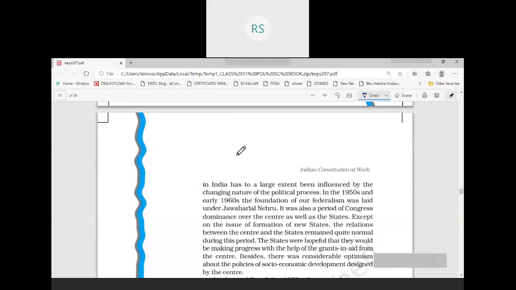In our country, if the federal structure has been successful, it is because of the political process.